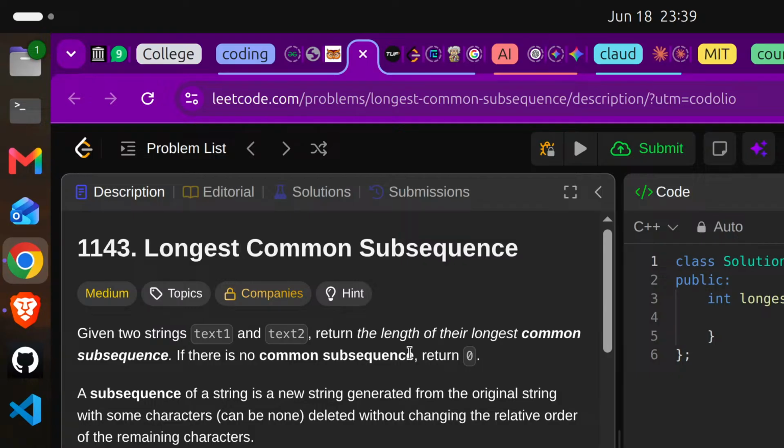Let's say we have this A, B, C, D, E, and we have this A, C, E, right? Let's say we are here, this and this. If they both are the same, we can move ahead. We have to find the longest common one.